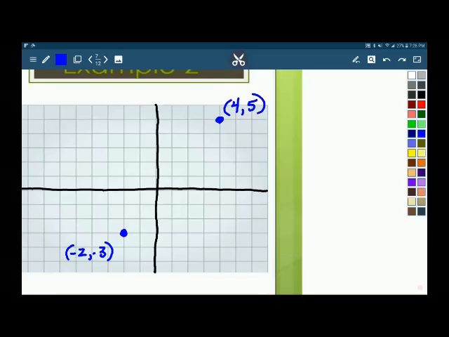Now again, the shortest distance between any 2 points is a straight line. But we cannot count the units since that line is going diagonally across the coordinate plane. So from each point, and I don't care if you draw the triangle above or below, just follow along the grid lines.